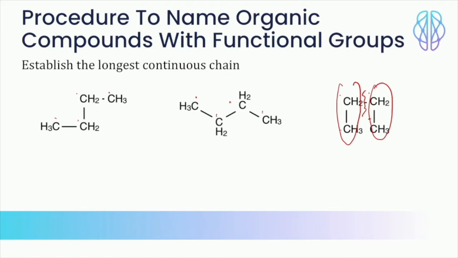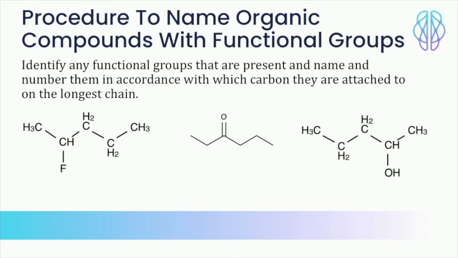So once you've got the longest carbon chain, for example, we're going to work through each of these molecules. Starting on the left, the longest carbon chain, so 1, 2, 3, 4, 5. And if you remember from the videos on functional groups, a carbon chain with 5 carbons is a pent. We use a stem of pent. The next thing you're going to do is look for functional groups. So here we have a fluorine attached, and please refer to our video on functional groups if you need a refresher.